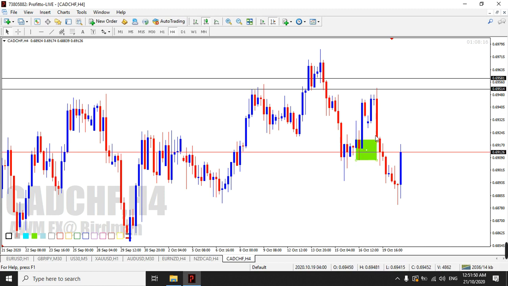Then after that, when it goes down, we can see that there is no more fresh demand except for this area. This is a demand, this is my type 5 demand. We need the price to retest, or react, at this area.